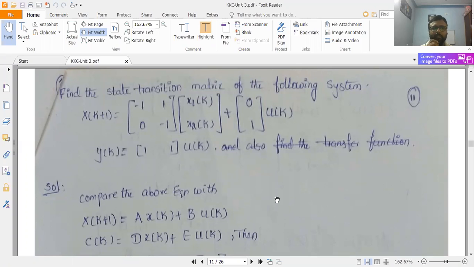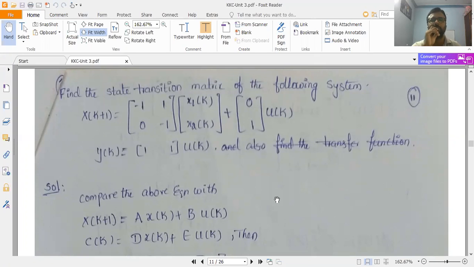Or else, if the system is given in x of k, that is a discrete system, you have to use phi of kT is equal to Z inverse of (zI minus A) whole inverse into z.